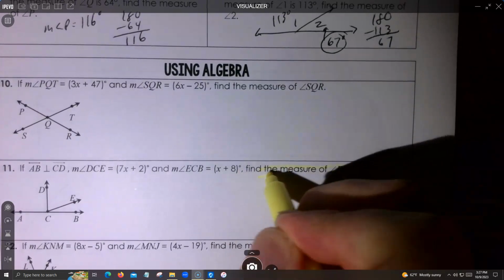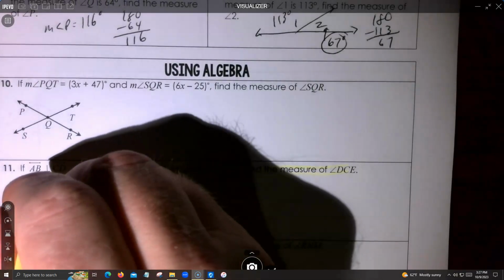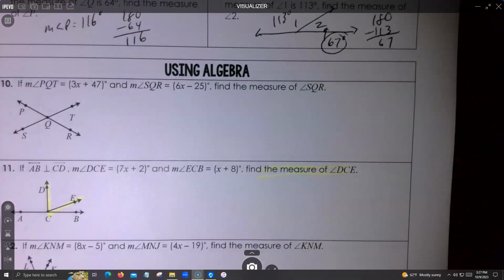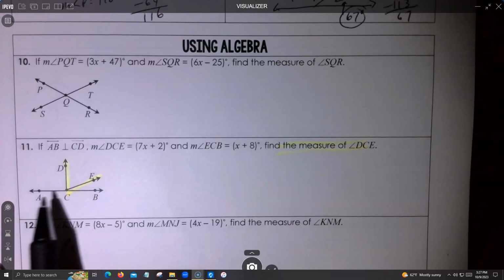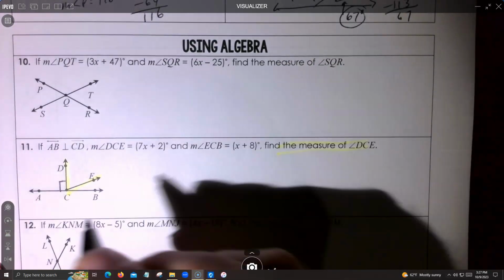So I'm looking for the measure of DCE. Okay, so I'm looking for that one right there, DCE. All right, so I want to mark my picture just to make sure I've got all the information I need. So AB and CD are perpendicular, which means they meet at a 90-degree angle.